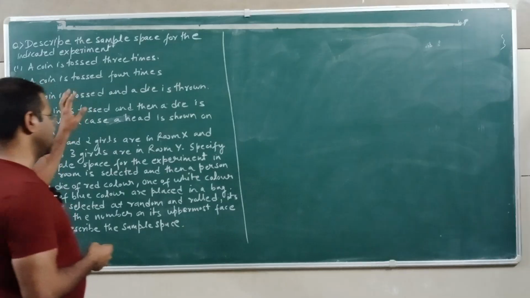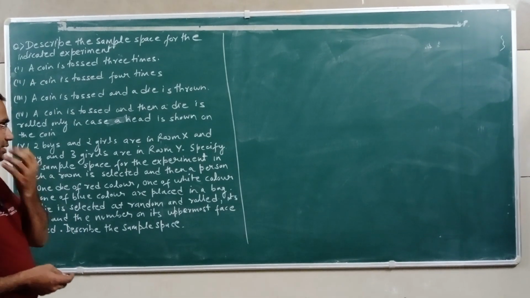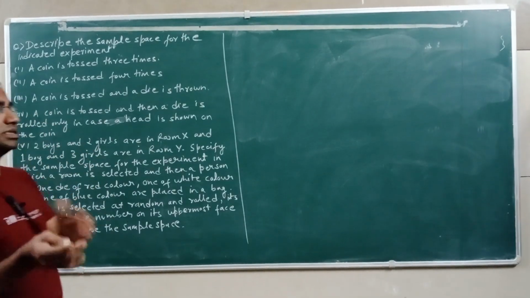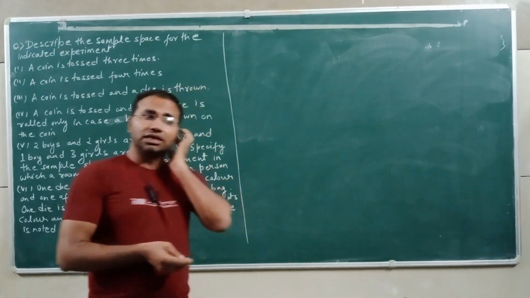See here, some questions are written. These questions are from your probability chapter of your class 11. So today we will discuss what you will study in class 11th and what you have already studied in 10th class.